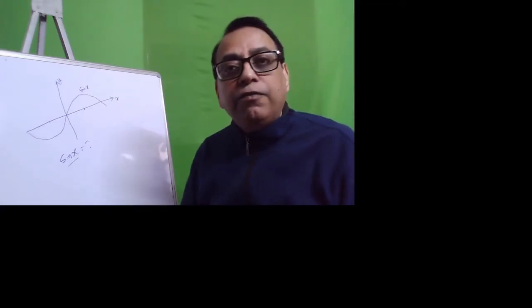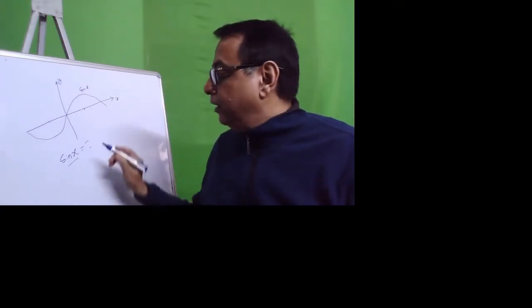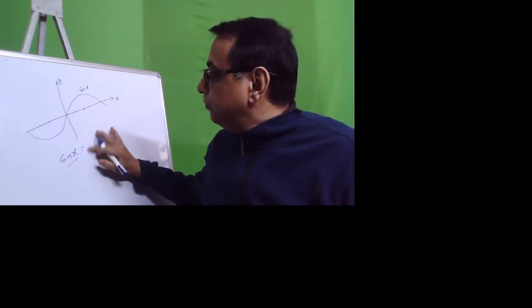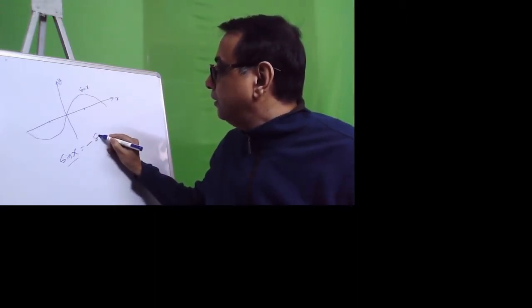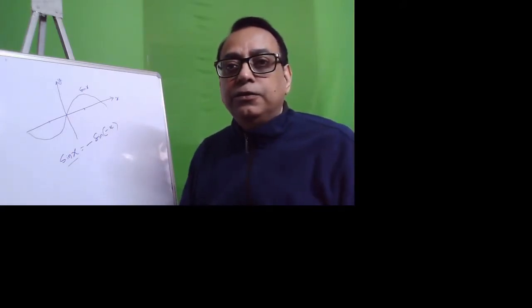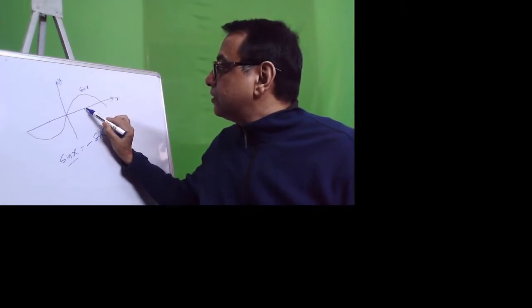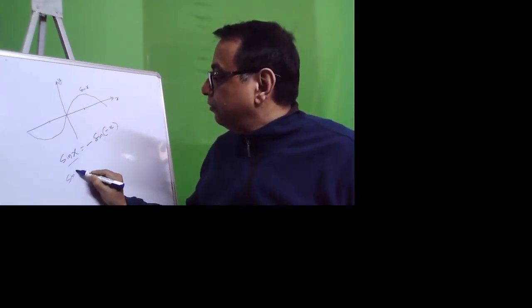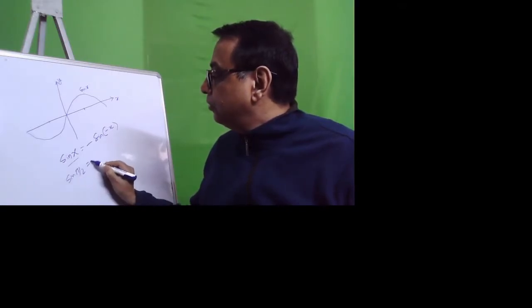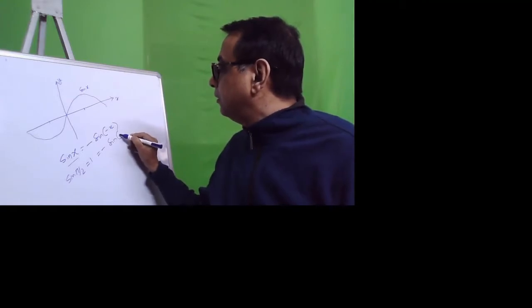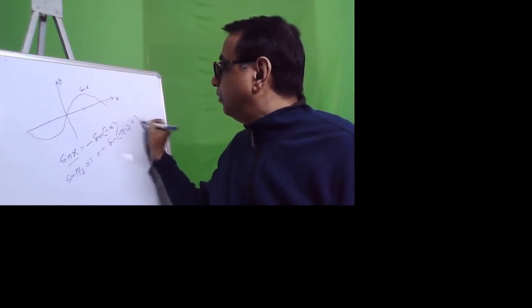Now definitely from here you can make out that sin x is equal to minus sine of minus x. For example, sine pi by 2 is equal to 1, which is equal to minus sine of minus pi by 2, which is 1.